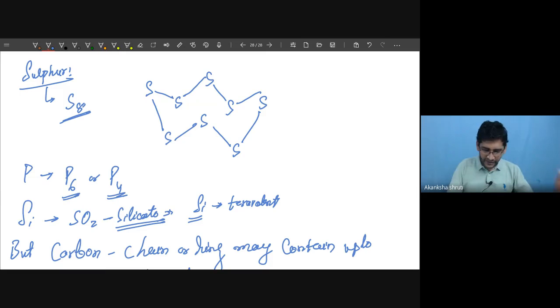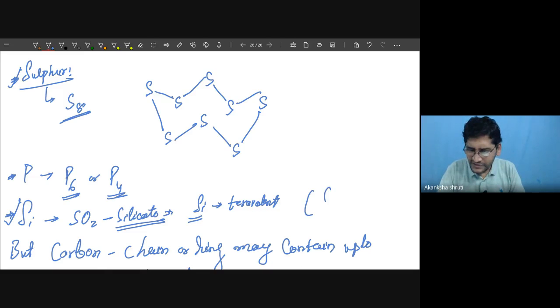So keep in mind, if you have to write other elements which are able to show catenation, you must write silicon, phosphorus and sulfur. If you are asked for only one, then prefer silicon, after that sulfur, and phosphorus at the end, because sulfur chains up to 14 are possible. Silicon chains up to 14 are stable.